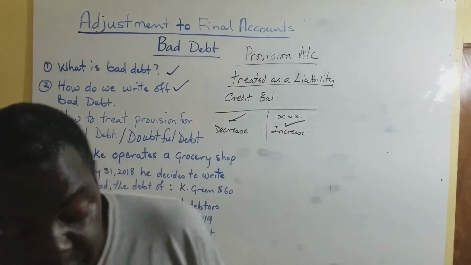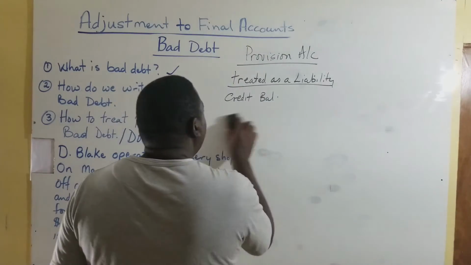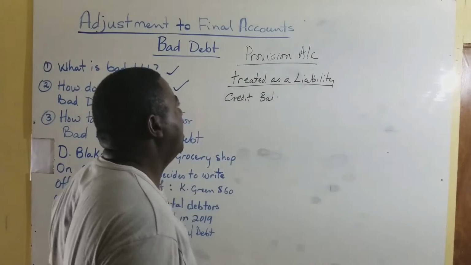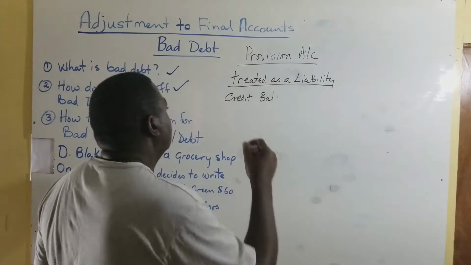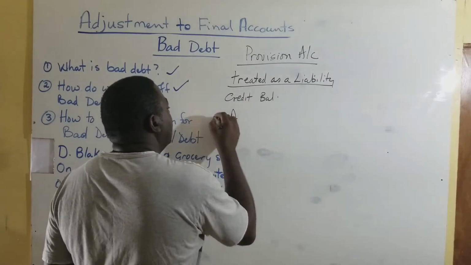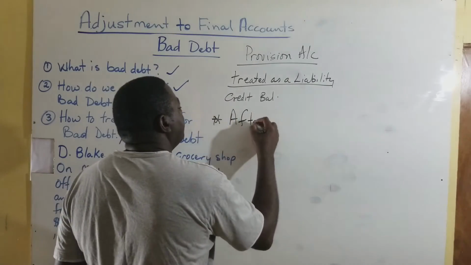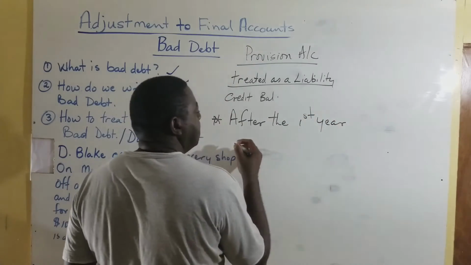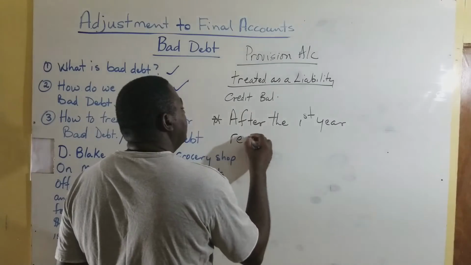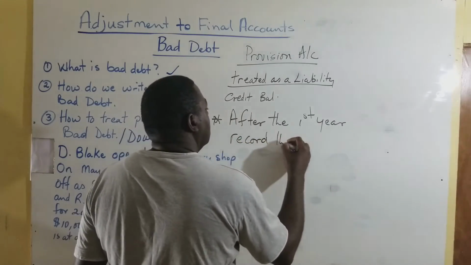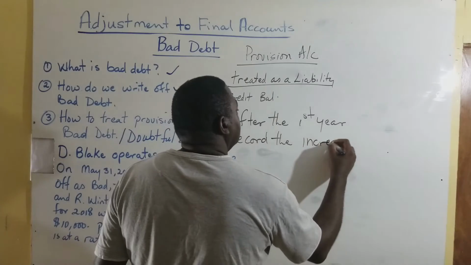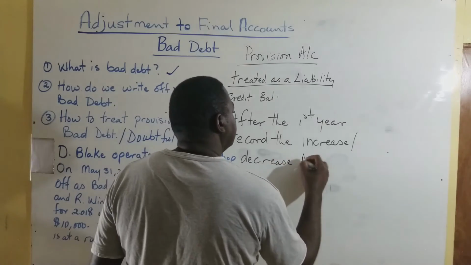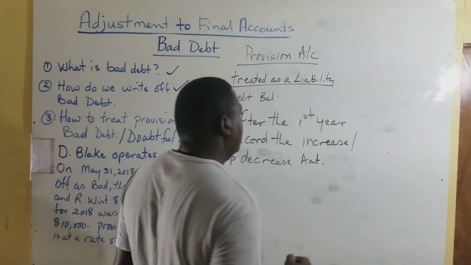All right? So let's go quickly. Another point I want to bring to your attention is that in treating the provision for bad debt or doubtful debt, here's another rule: after the first year, you're going to record the increase or decrease amount, right?